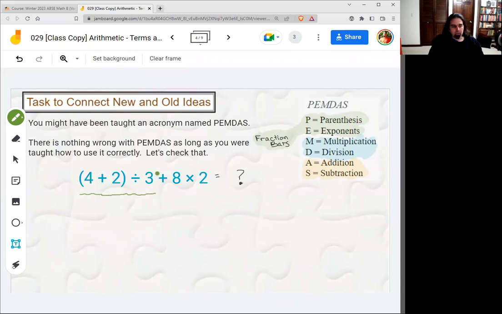I keep going, here is a plus sign that's not in a parentheses. So that breaks up this big expression into terms. Then I keep going, and I'm at the end. So this is one term, and this is the other.